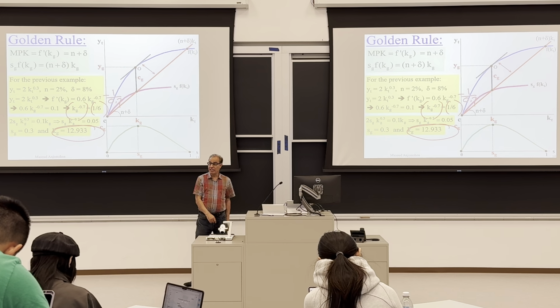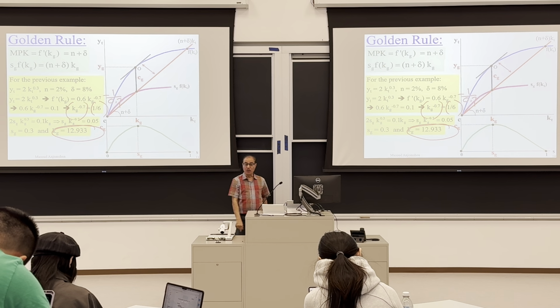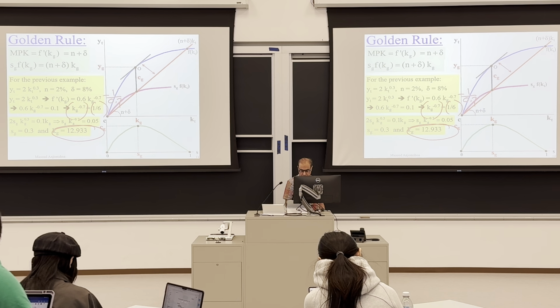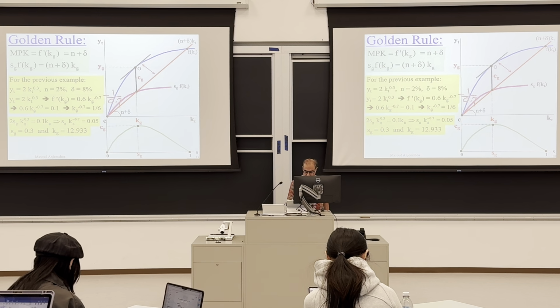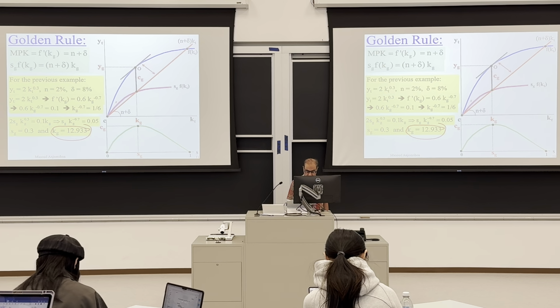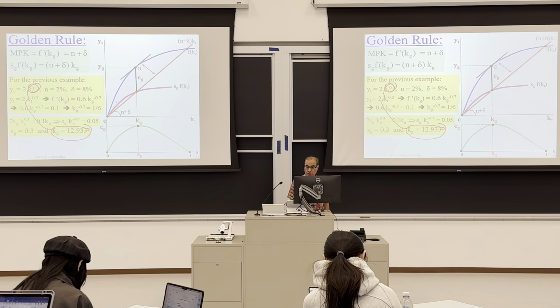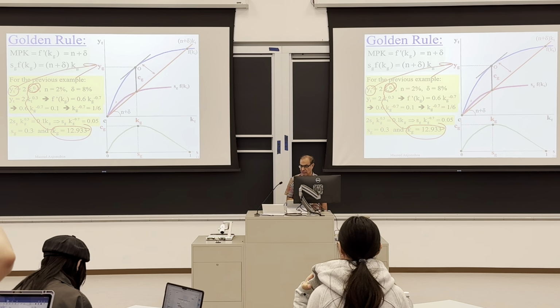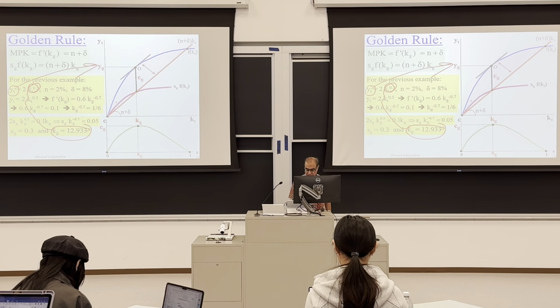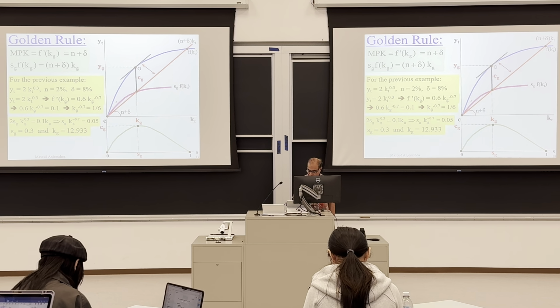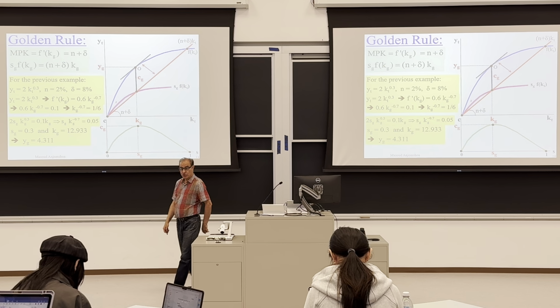What is the golden rule output, income per worker? That should be easy. Look at here, plug this here. So this gives you YG. Now, I ask you just one question.